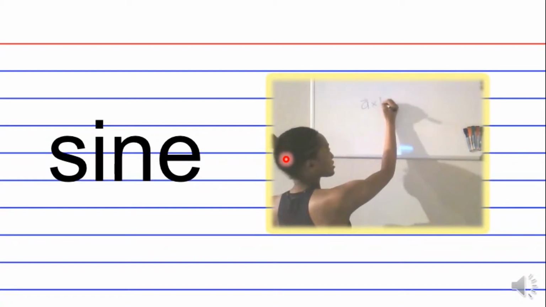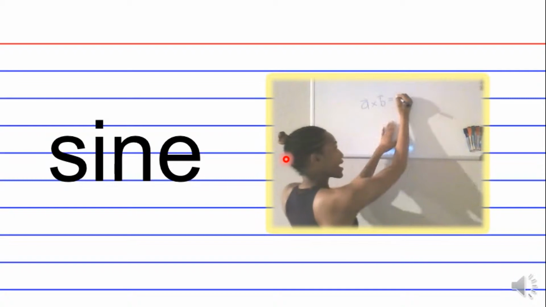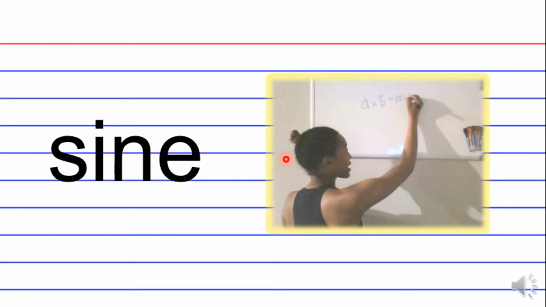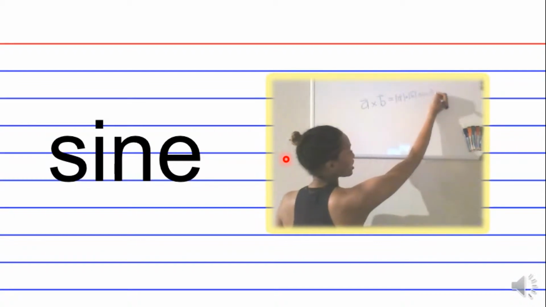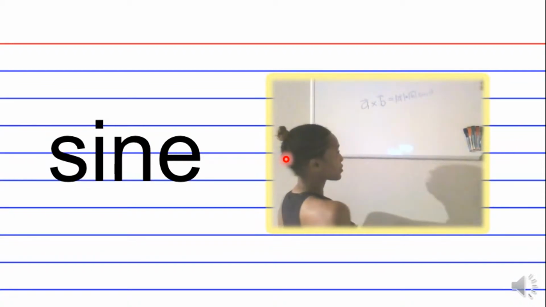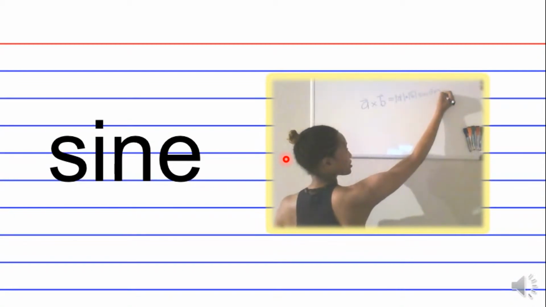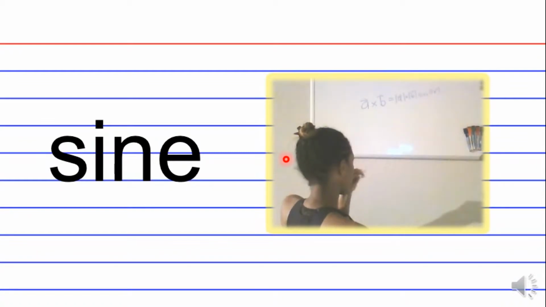But what this means in terms of value is the magnitude of vector A times the magnitude of vector B multiplied by the sine of theta, theta being the angle between them, also expressed in terms of the unit vector n. Okay, and I'll break down what n is in a little bit.